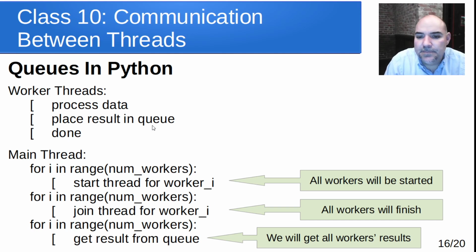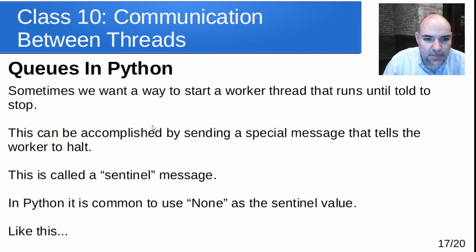Now, there are certain cases where we want to start a worker thread and have it run and consume data and use things we send to it until we tell it to stop. And the way to accomplish that is by establishing some special message that we're going to send to the worker that tells it when to stop or when to halt.